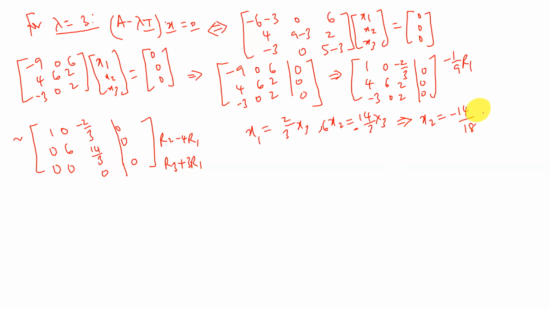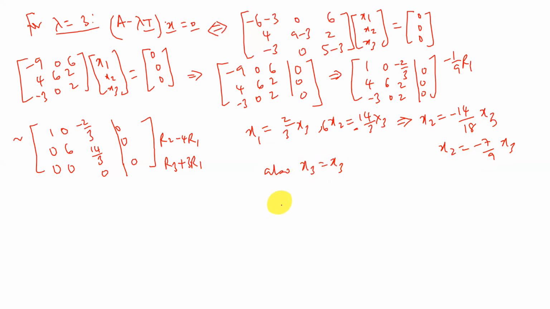Divide by 6 both sides and you get this. For further simplification, 2 goes how many times into 14? It goes 7 times, and it goes 9 times, x3. Also we have that x3 itself is equal to x3.